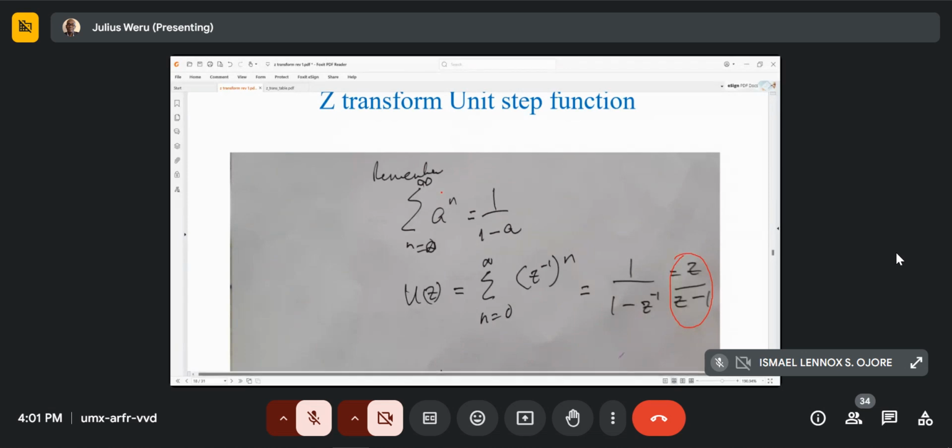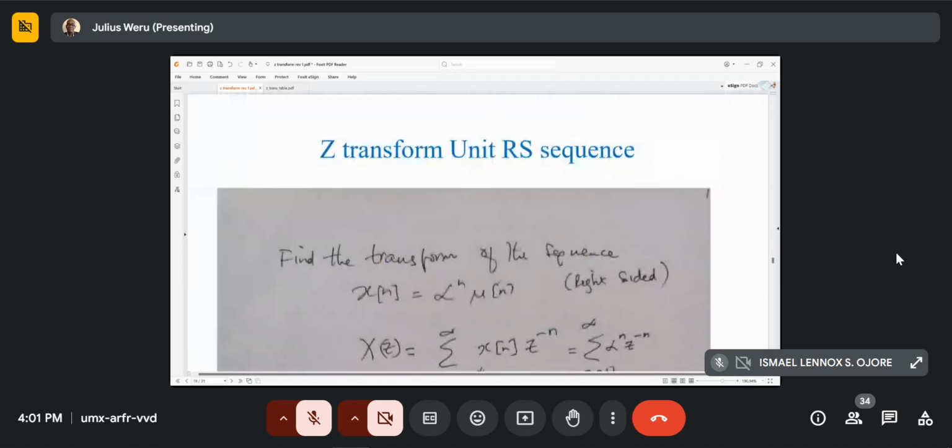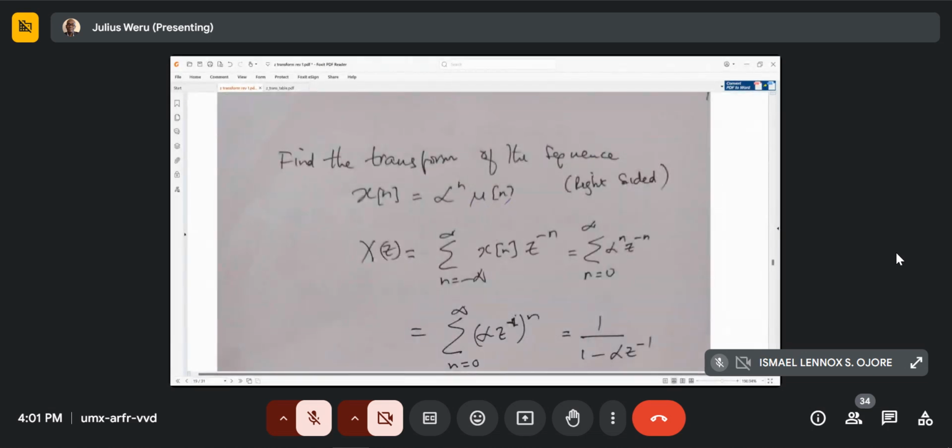So that is the z transform of the unit step function. Now, this is not the unit step; this is a right-sided sequence. Find the z transform of the sequence alpha to the n times u of n, which means it's right-sided because of this.